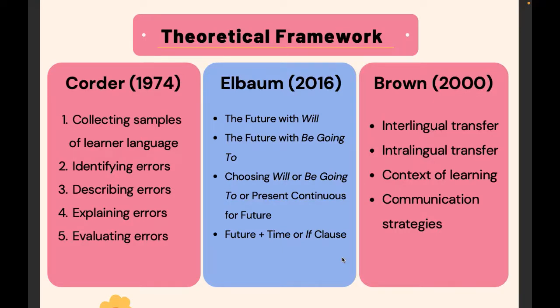The second one is identifying errors. There are certain ways to distinguish between an error or a mistake. An error is associated with checking the consistency of the L2 learner's performance. If learners sometimes use a correct form of a certain structure, and later on use the wrong one, then it is a mistake and can be self-corrected.